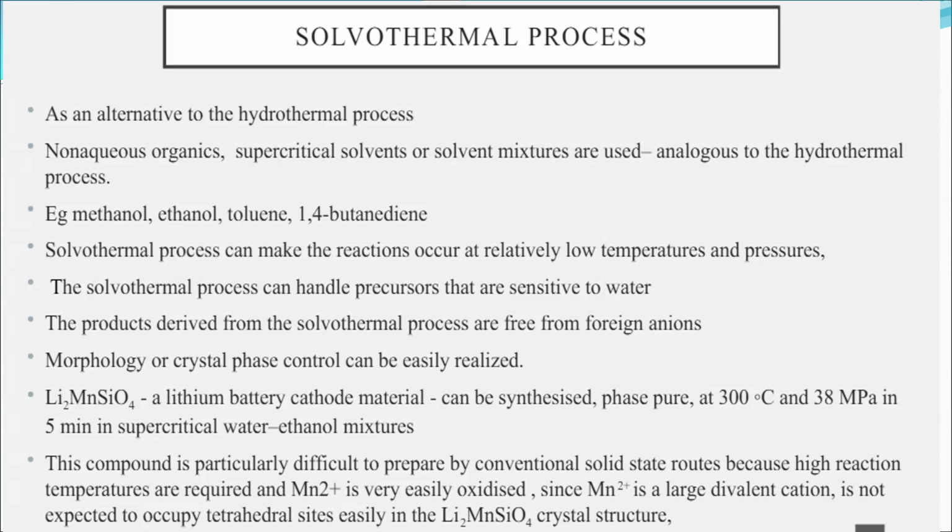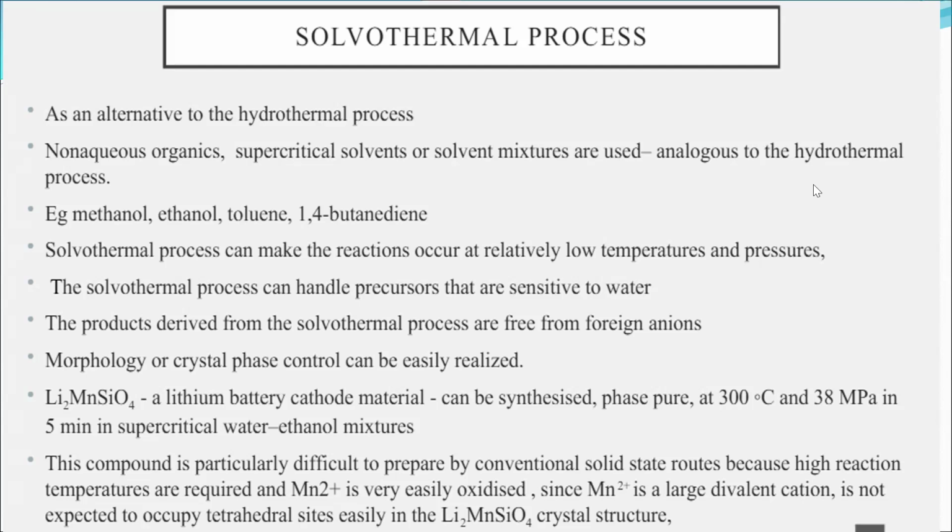easily realized. A lithium battery cathode material can be synthesized phase pure at 300 degrees centigrade and 38 MPa in 5 minutes in supercritical water-ethanol mixtures. So the solvothermal process is a little bit better compared to hydrothermal processes.